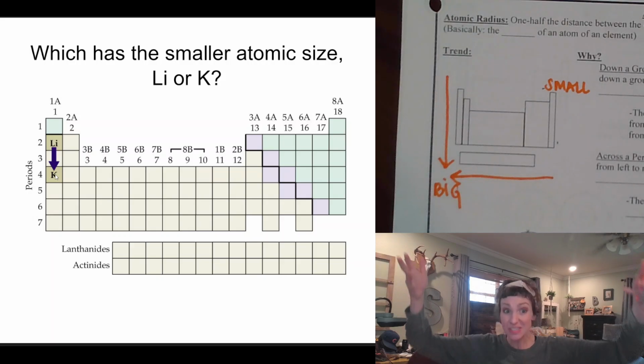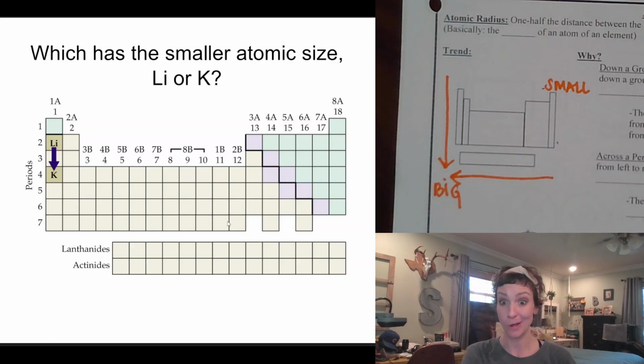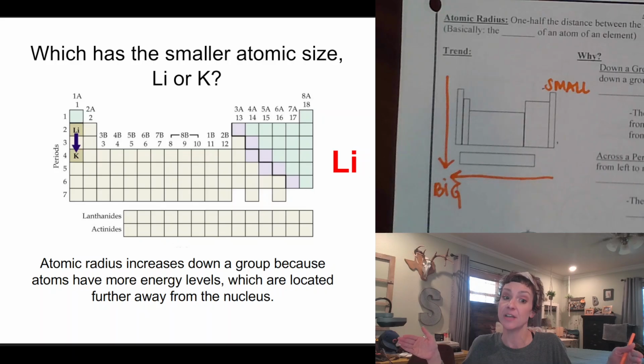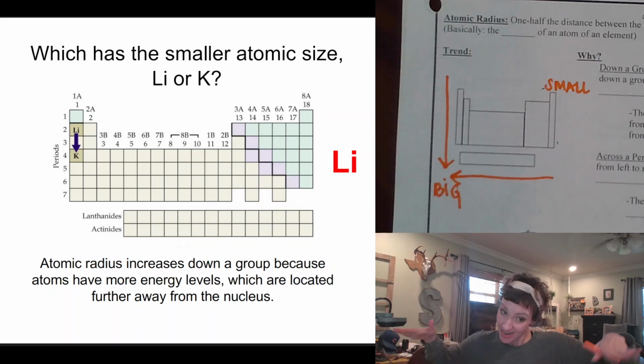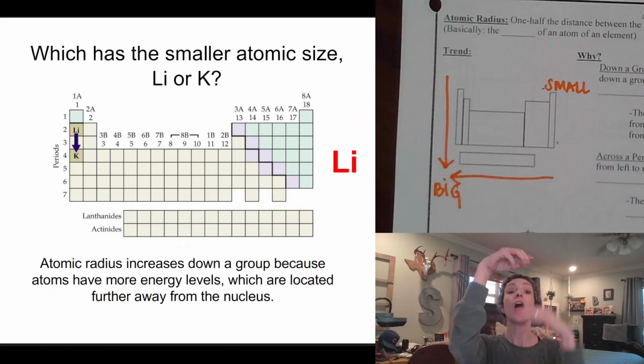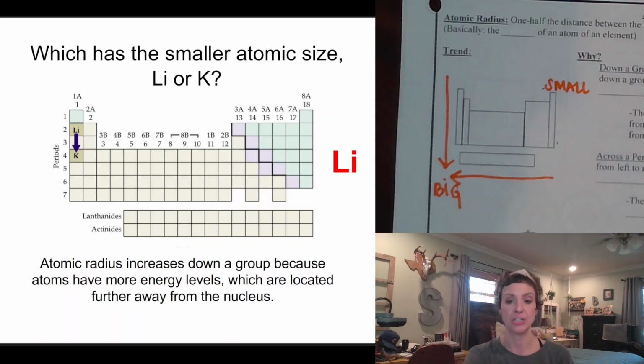So the smaller atom is going to be the one with the fewer energy levels, which is lithium. Atomic radius increases down a group because atoms have more energy levels, which are located further away from the nucleus. You could say the opposite: atomic radius decreases, meaning I get smaller, if I go up a group because you have fewer and fewer energy levels.